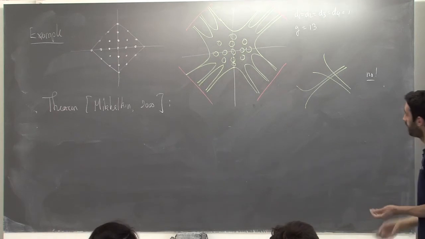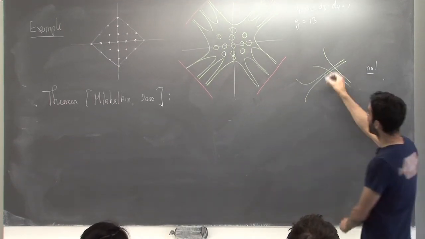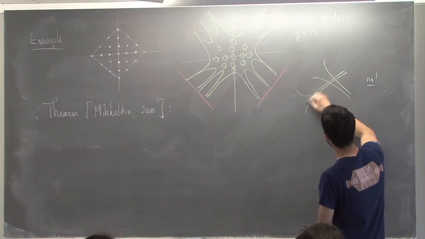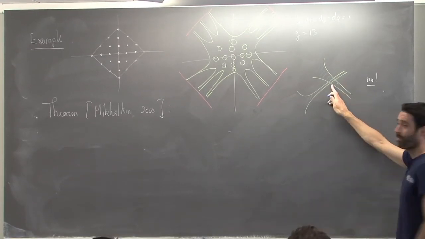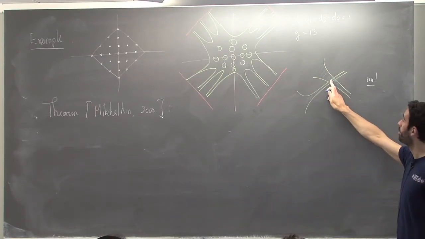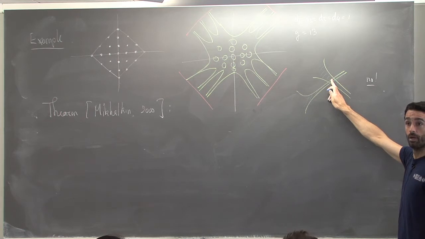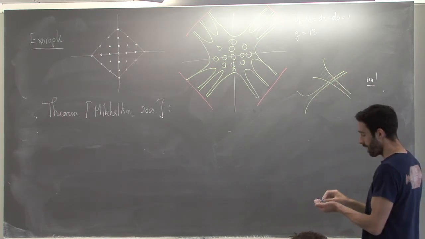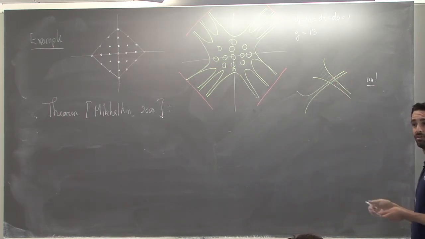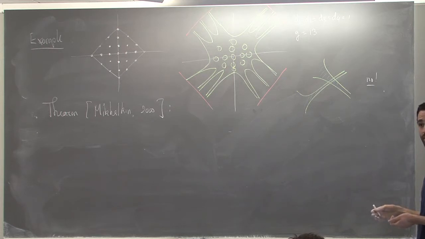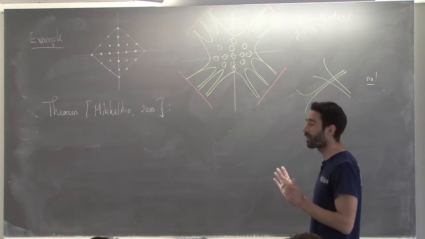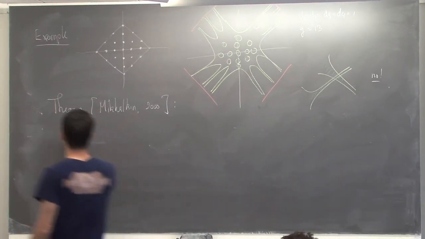And you notice that if this happens, you would have a place where the amoeba map would not be 2 to 1. It would be maybe 4 to 1 here in the middle. And also, it seems that then the amoeba would not have maximal size, maximal area. So all of these remarks, I hope, make the following theorem of Mikalkin kind of intuitive. The following are equivalent.